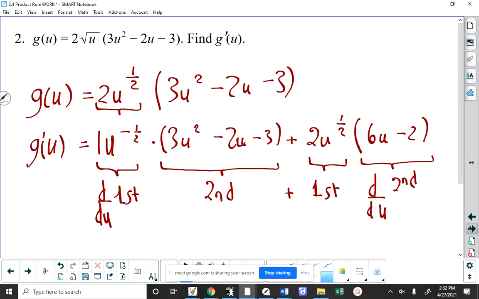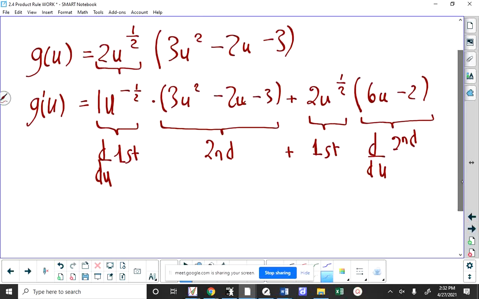Now you have to simplify this, and we're going to get into more complicated things to simplify, but if I were you, I would just multiply this all out. So I'm going to multiply u to the negative half times 3u squared, which gives me 3u to the 3 halves. I add the exponents of negative a half and 2.